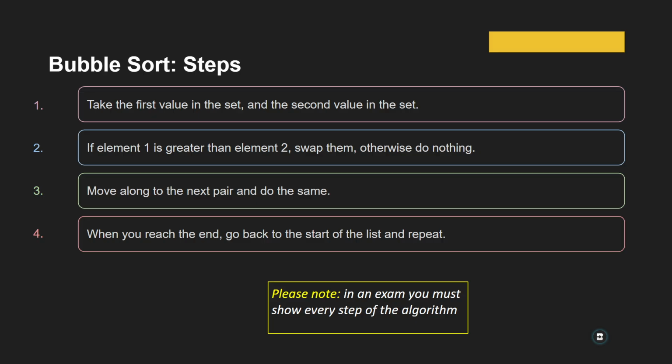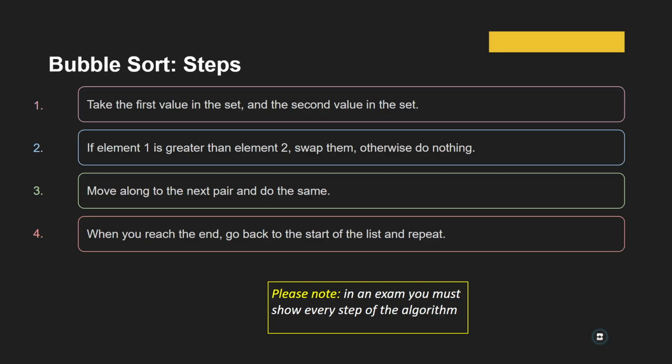We call that one pass. And then we come back to the start of the list and do the same thing again. Take a pair, compare them. If a swap is needed, do that. If not, check the next pair and keep going. Then again you come back to the beginning.